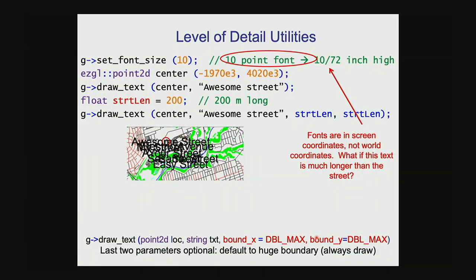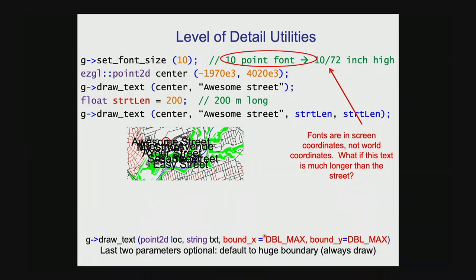However, if you set them to some reasonable value, then ECE297 will try to determine whether, in terms of pixels, the text that it's going to show is bigger or smaller than the coordinates that you set. So it will try to map the world coordinates that you set on the bounds to pixels, and then compare that to the text that it's going to show, because it knows how many pixels it needs to write that text.